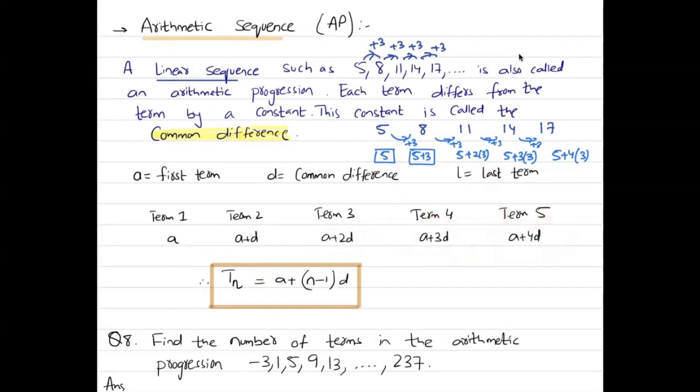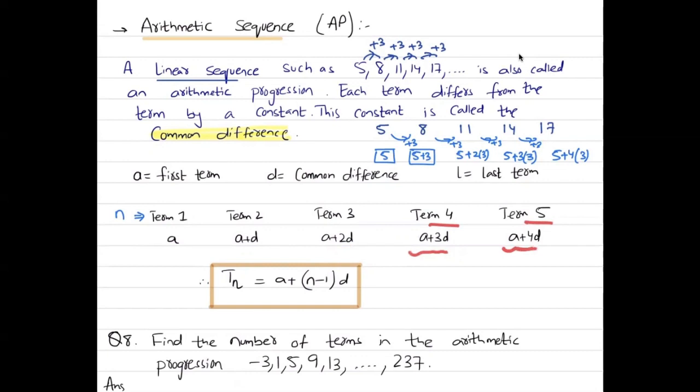So we are going to deduce the nth term of the arithmetic sequence. Consider this: when the n value was 1, the term was a. When n value was 2, the term is a plus 1d. When n value is 3, the term is a plus 2d. When n value is 4, the term is a plus 3d. When n value is 5, the term is a plus 4d.